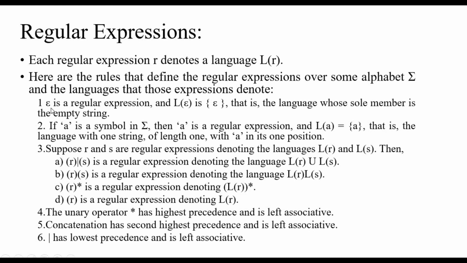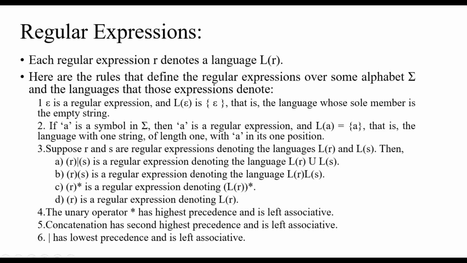Epsilon is a regular expression, and the language of epsilon is the language whose sole member is the empty string. If A is a symbol in input, then A is a regular expression, denoted by L of A equal to A, the language with one string of length 1, with A in its one position.